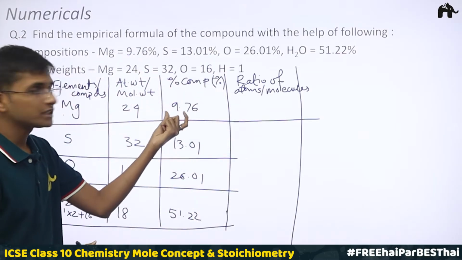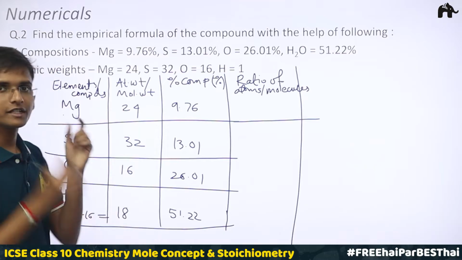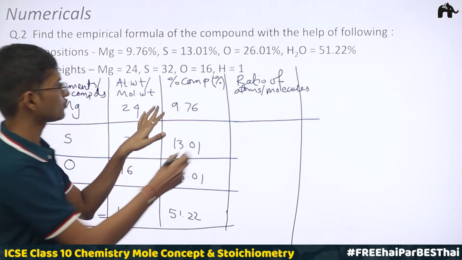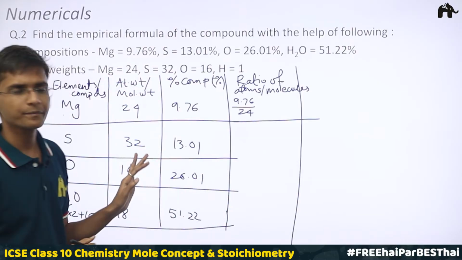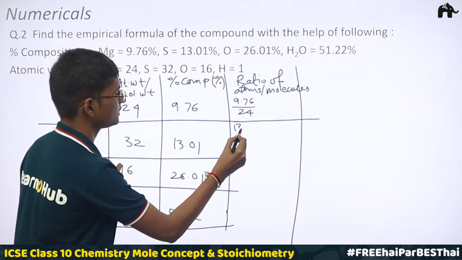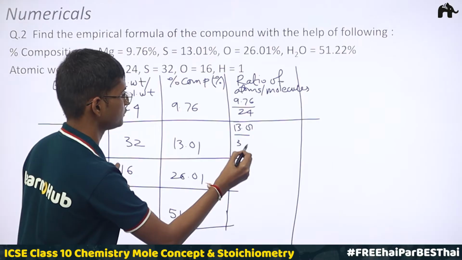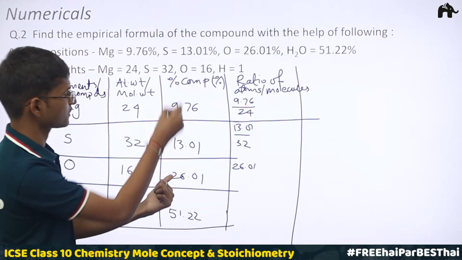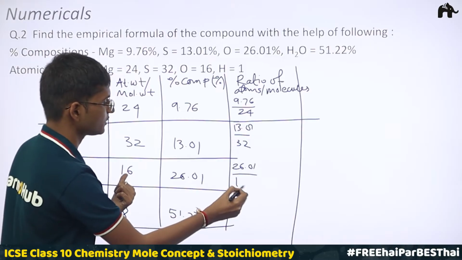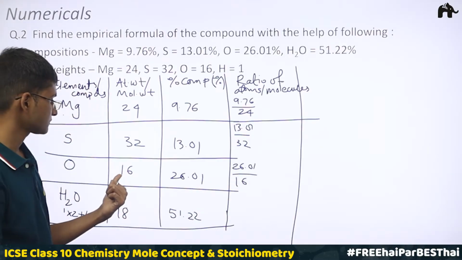Simply by dividing the percentage composition by atomic weight. That is the first step you have to remember. So 9.76 by 24. Same way 13.01 by 32. And 26.01 percentage composition is divided by atomic weight 16.